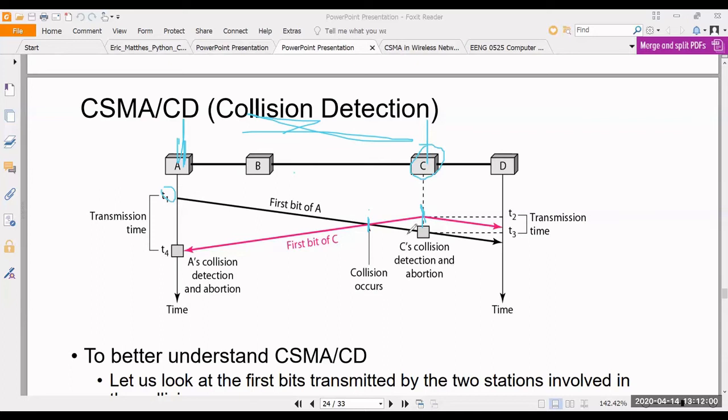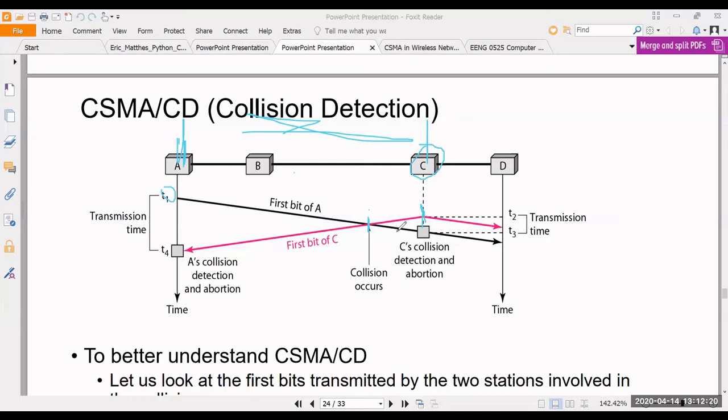But for detection, when the first bits collide at a certain time, T3, only the first bits collide, and then C backs off, it pulls all the rest of its bits out, and A also pulls the rest of its bits out. Do you agree?